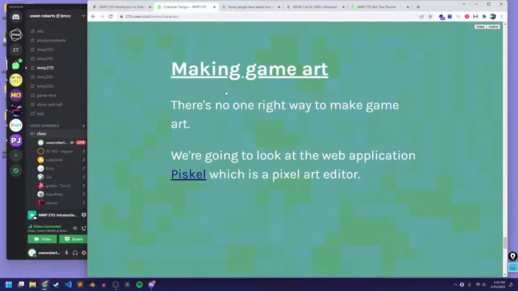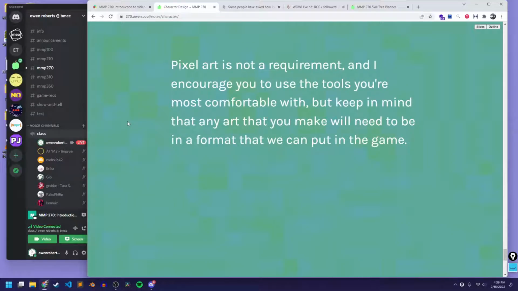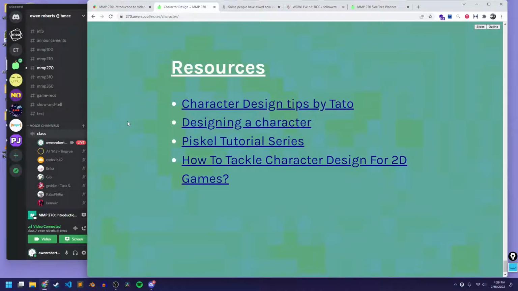If you want to use Photoshop or Illustrator or another art program, that's fine, but you may have to figure out a process to export your art so that it works with the game. I can help you do that, but we'll have to see. I think it's possible in a lot of different contexts, but it's very easy to do with Piskel.